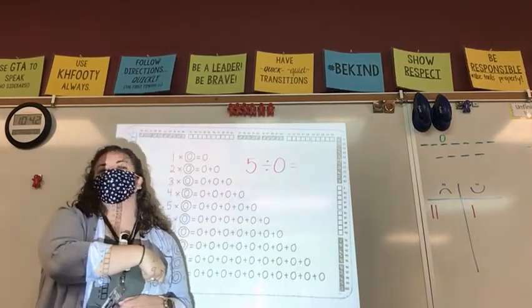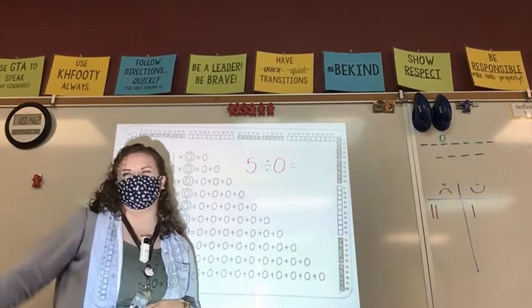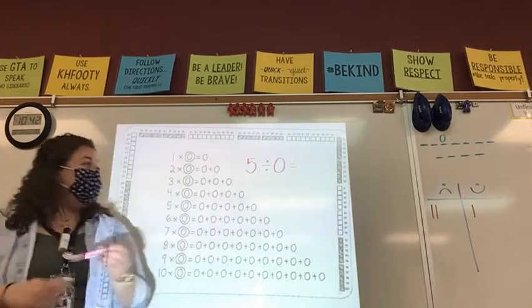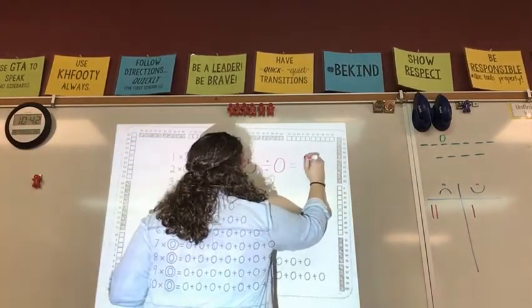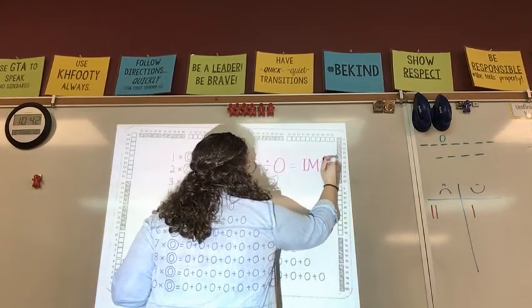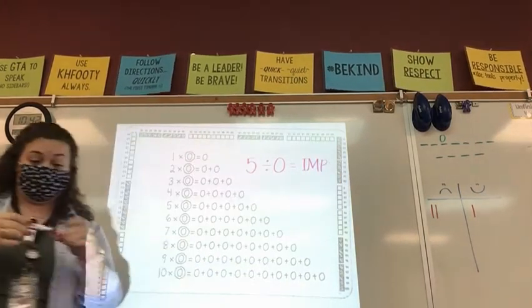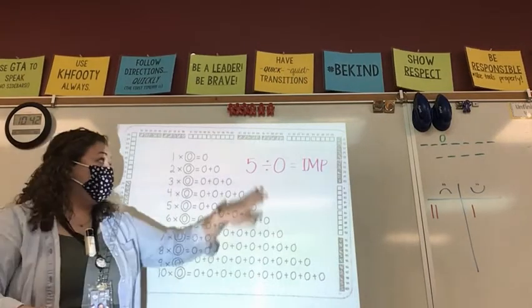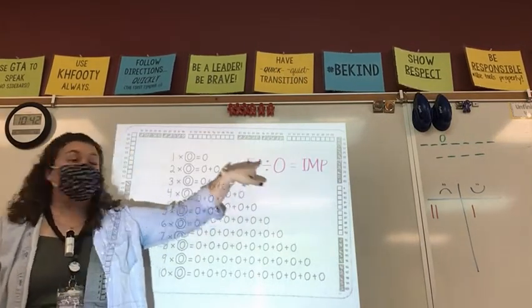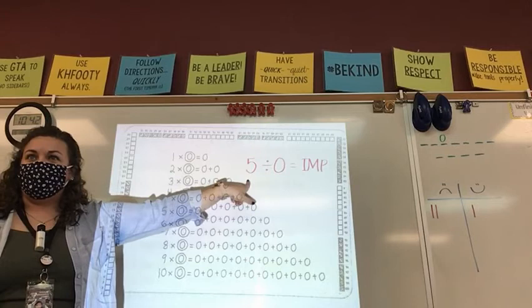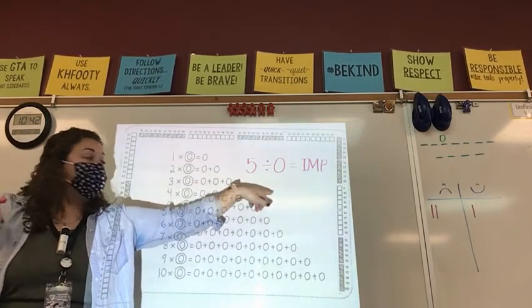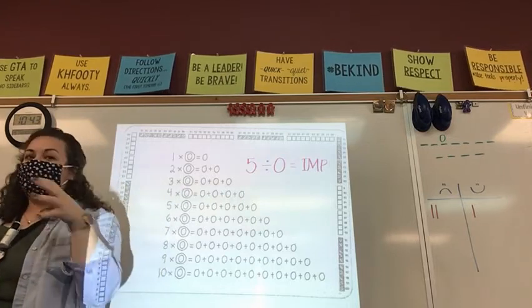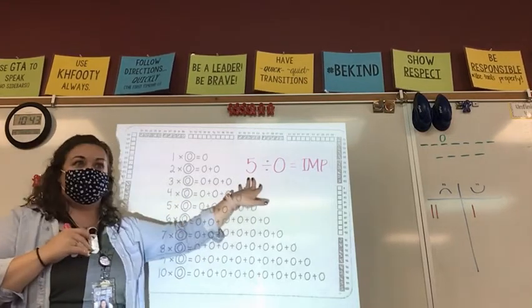It's impossible. And on your work, they're literally going to write IMP, and it's really just short for impossible. So whenever you see that, if they try to trick you, you cannot divide by 0. If you have a number, it doesn't just disappear. It needs to stay on the floor. You can't just say it doesn't exist anymore because we already have it. It's already there.